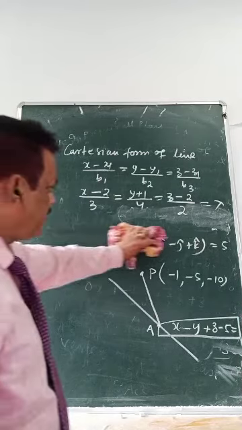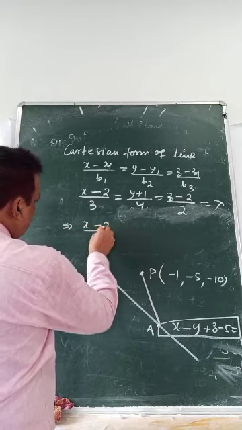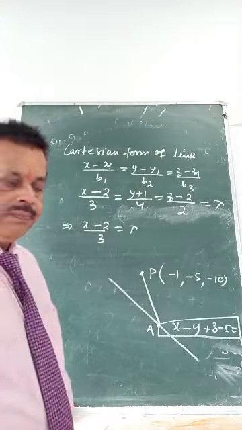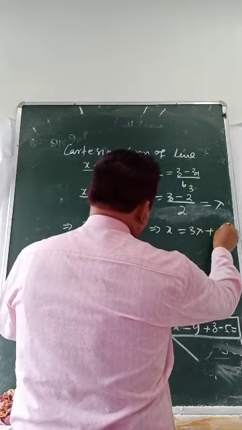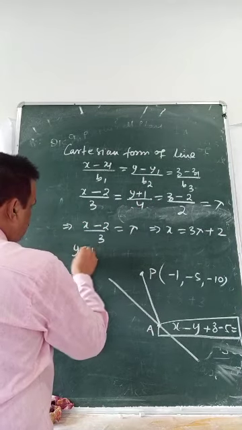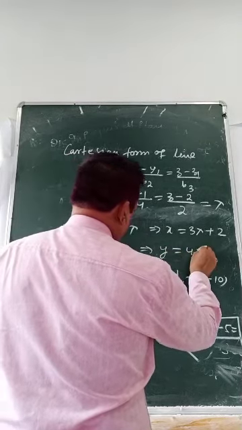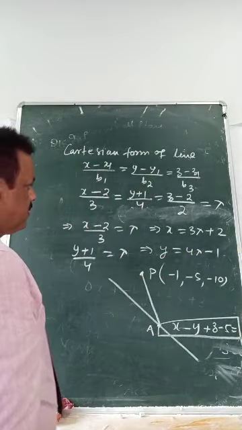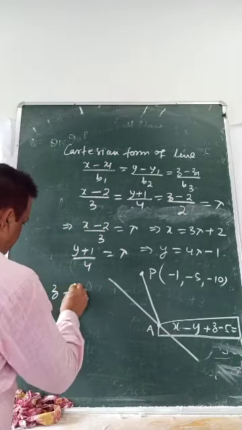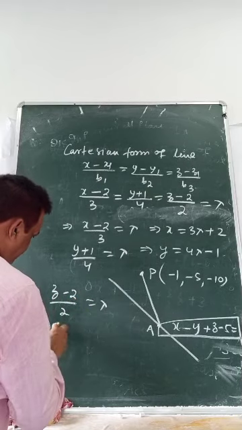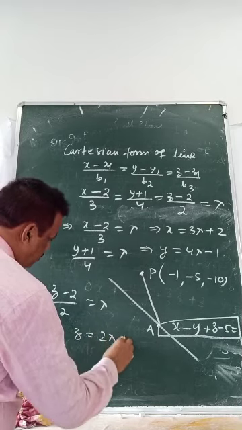So what do you get? Implies x minus 2 by 3 equals to lambda, implies x equals to 3 lambda plus 2. y plus 1 by 4 equals to lambda, y equals to 4 lambda minus 1. z minus 2 by 2 is lambda, that is z equals to 2 lambda plus 2.